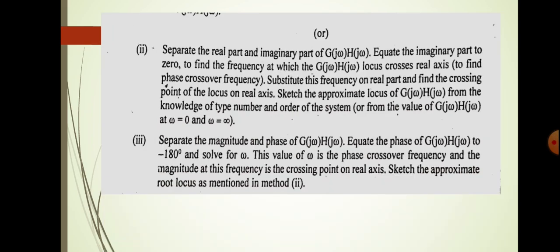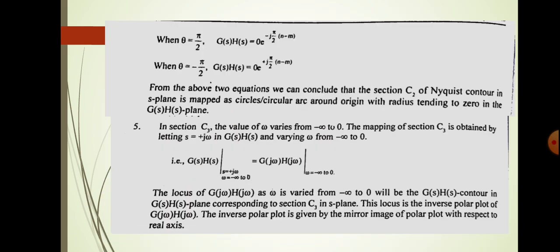So we can write, in step 5, for the section C3, the value of omega varies from minus infinity to 0, and we can map the section C3 from the S plane to the G(s)H(s) plane. In this case we have the equation for that line as j omega.